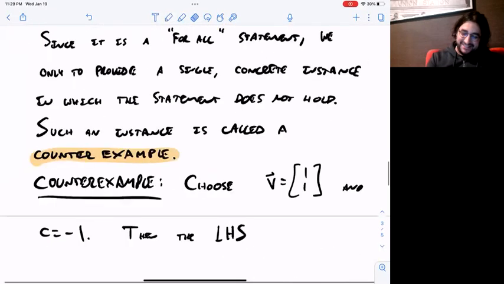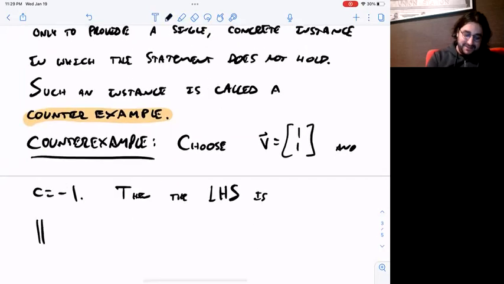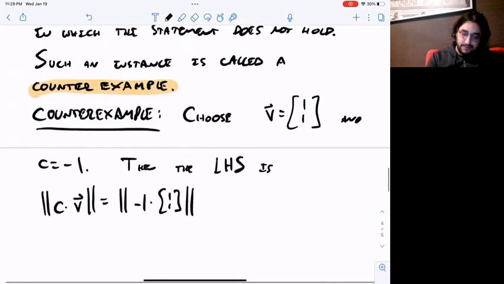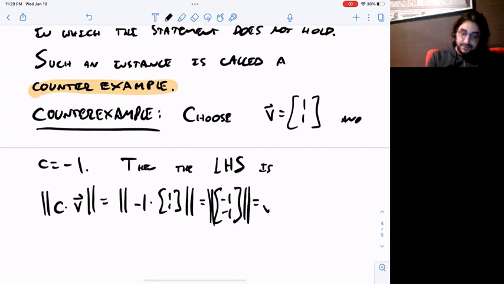It's the magnitude of cv, which equals the magnitude of -1 times (1, 1), which equals the magnitude of (-1, -1), which equals the square root of (-1) squared plus (-1) squared, which equals √(1 + 1), which equals √2.